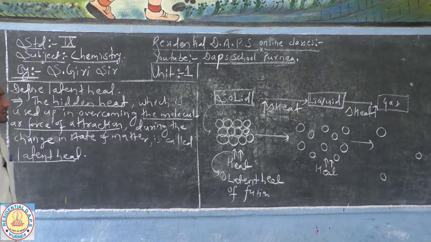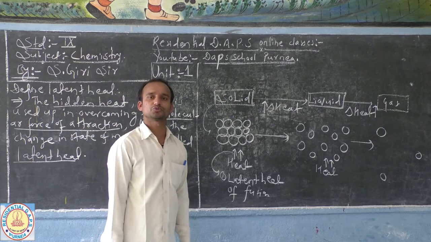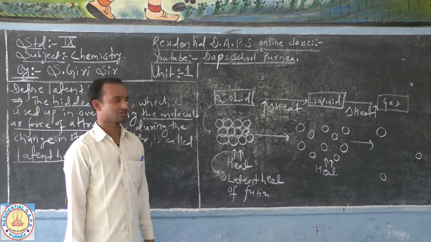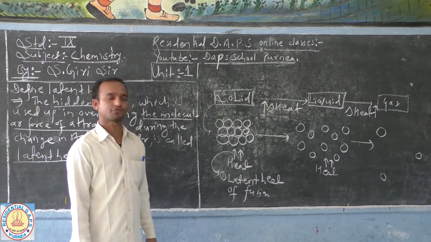Understood? Because when you want to change the state of matter, I told you, you have to apply heat, or change the pressure. A solid has tight molecular attraction, meaning a high molecular force of attraction.